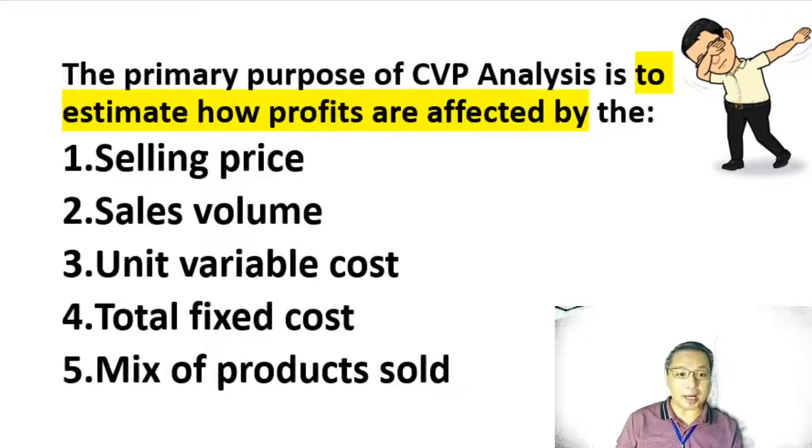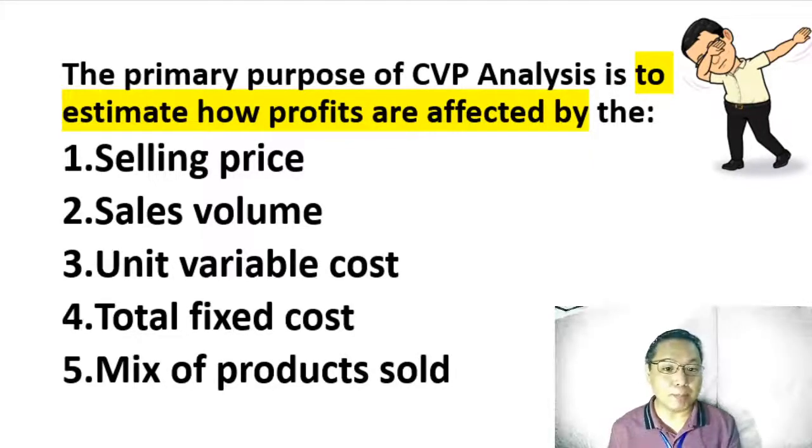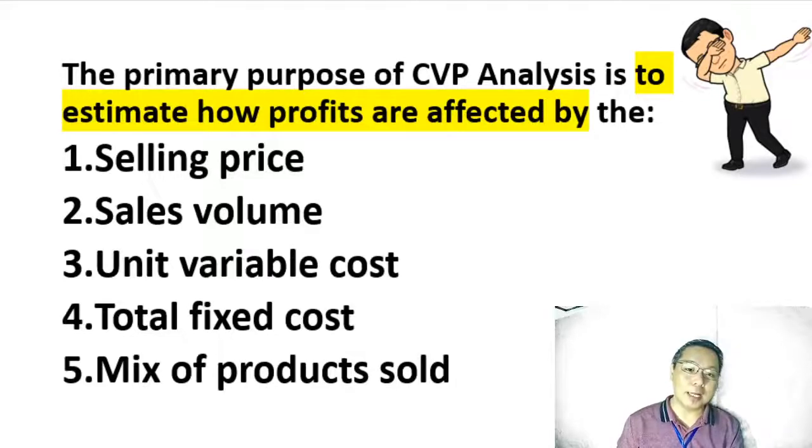Yung mix of products sold naman, that is something to do with yung combination ng mga products. Kasi there are companies na hindi lang single product ang binibenta nila. May mga companies na meron silang multiple products, no? At kailangan makita natin if our goal is to maximize profit as part of profit planning activity, yung pinaka-optimum combination.